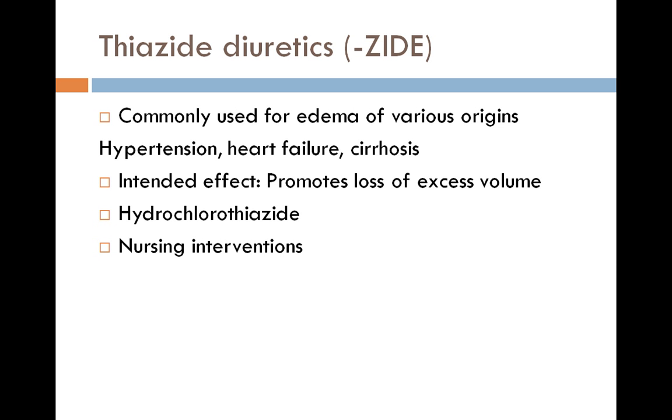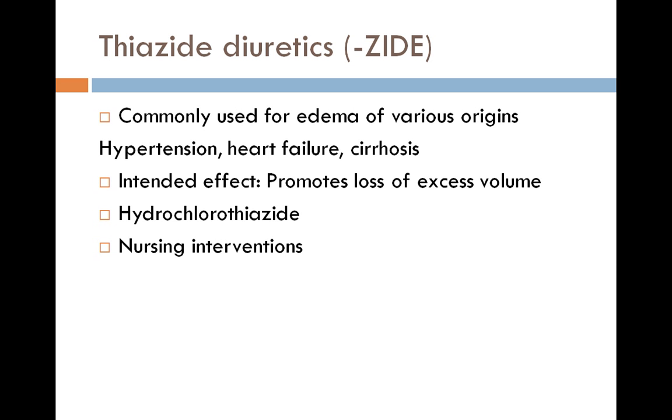We want to monitor their dig levels, and we also want to make sure that we're routinely checking the person's potassium levels, because again, a drop can cause the person to become dig toxic. Now, there is a medication, an antidote for dig toxicity, and it's called Digibind. And so we're binding that excess dig, right?